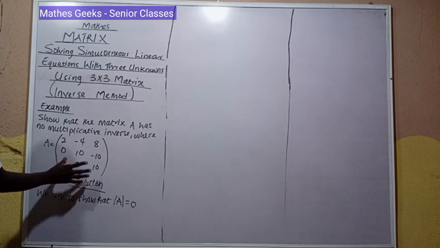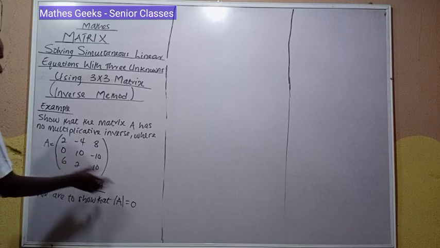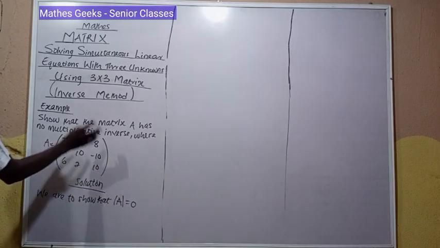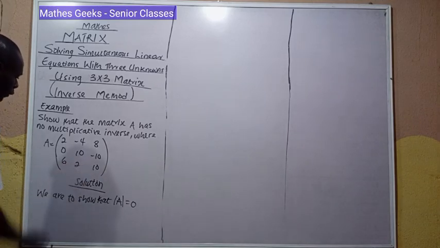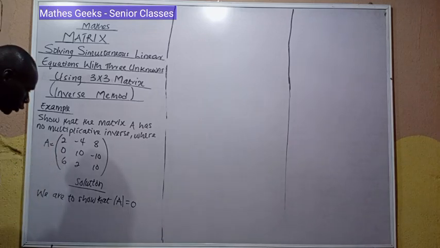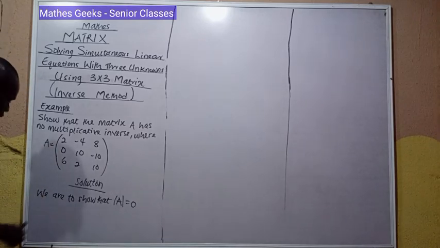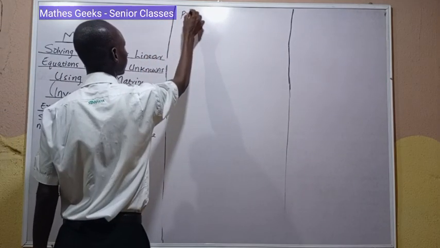After finding the determinant of matrix A, if it's equal to 0, then we conclude that this particular matrix does not have a multiplicative inverse, meaning we cannot get the inverse of matrix A. So let's prove that.